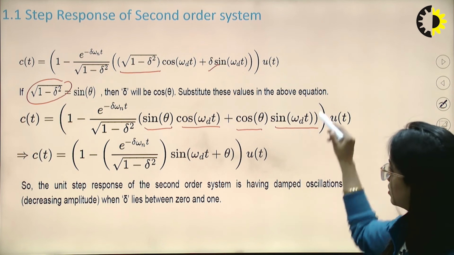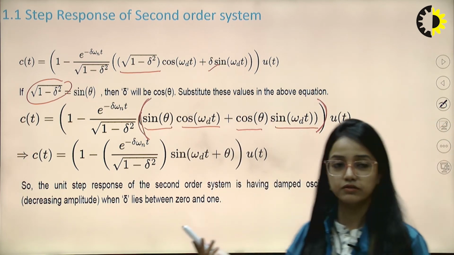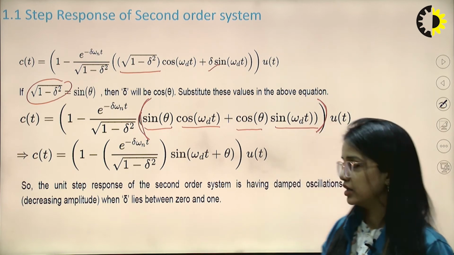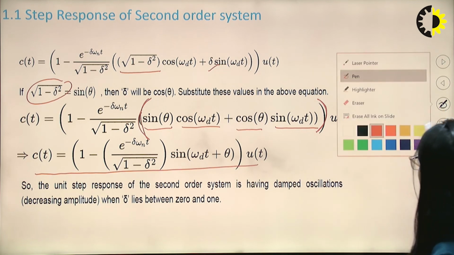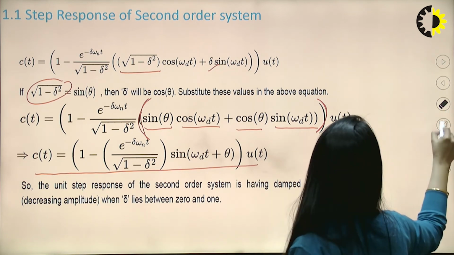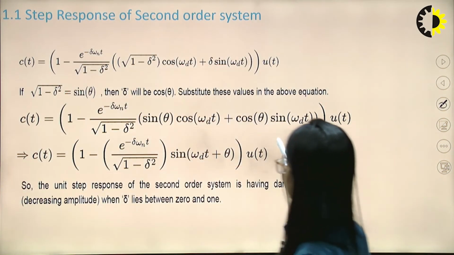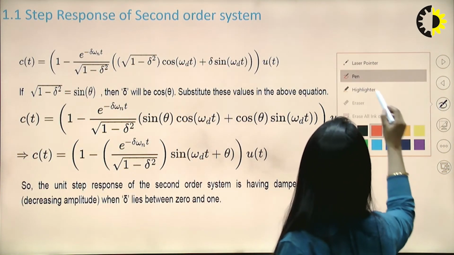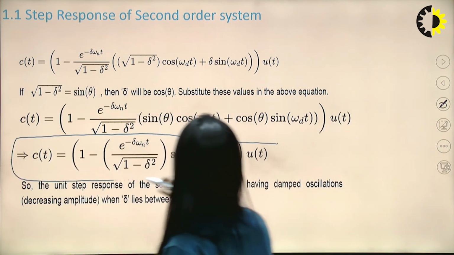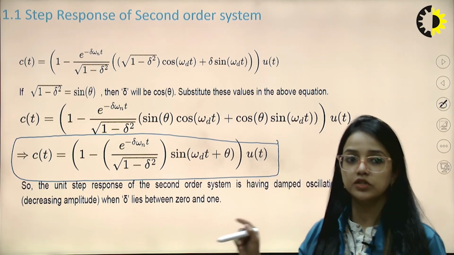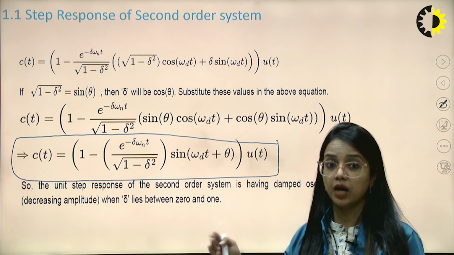And of course, this bracket is a formula which is nothing but sine a plus b. And this is the final and reduced equation of the unit step response for a second order system where we have damped oscillation.